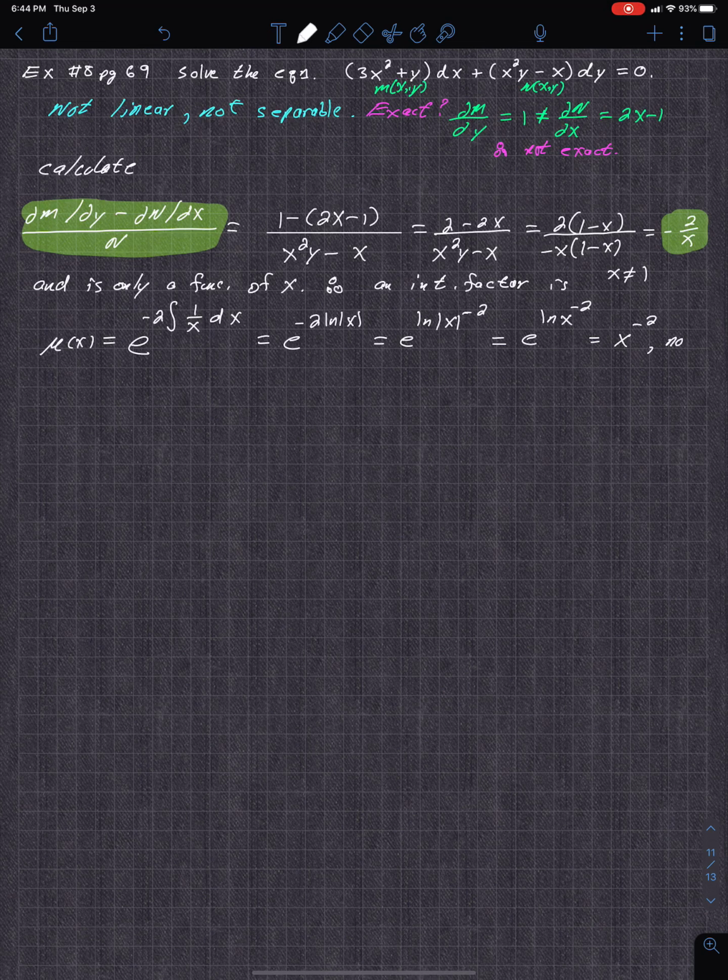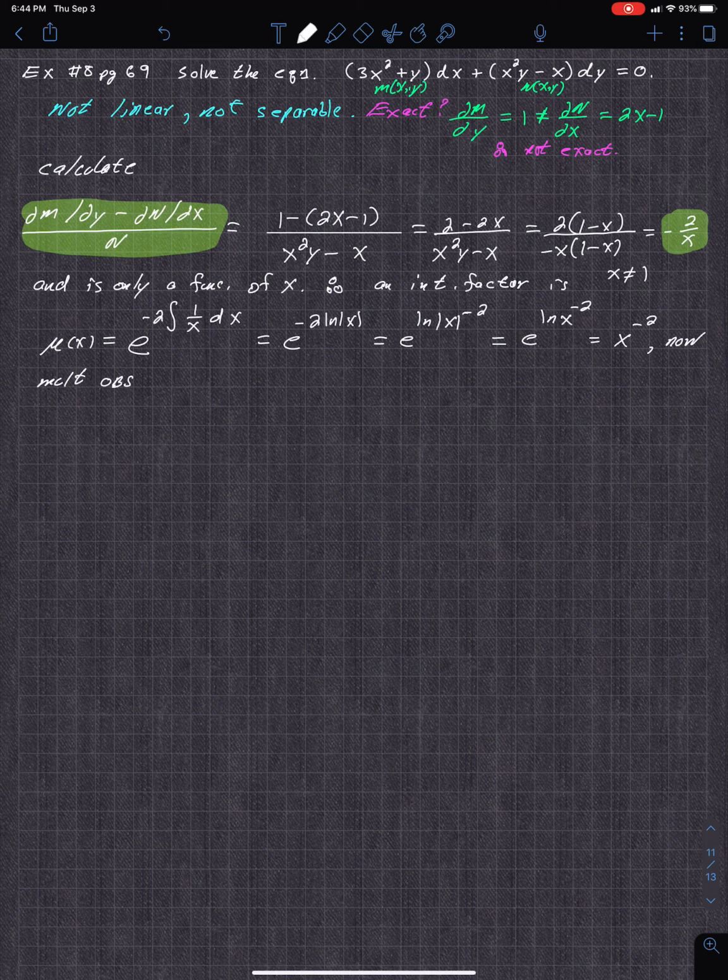So now multiply on both sides of the given equation. Obviously, the right-hand side will just be 0, but that's what you do.